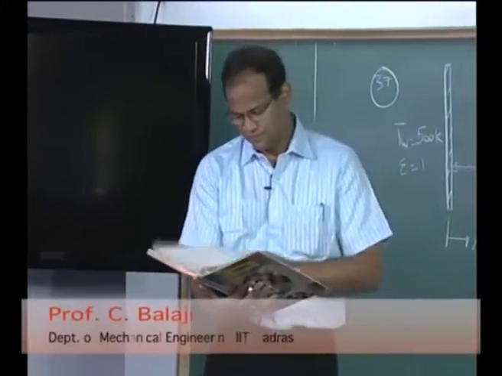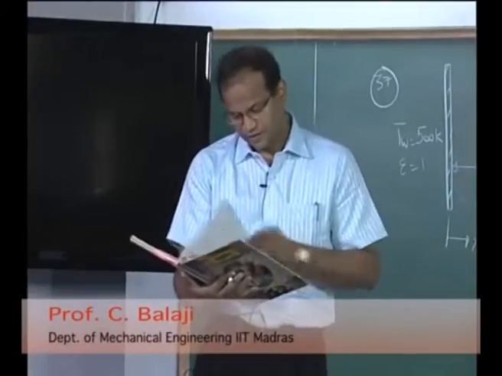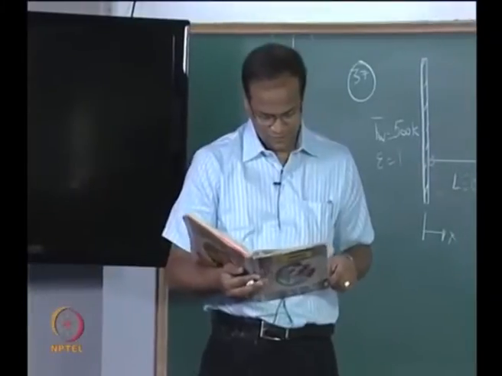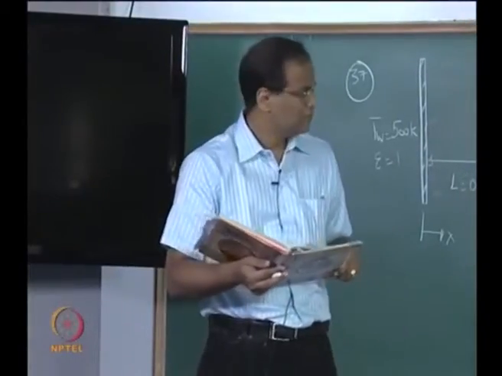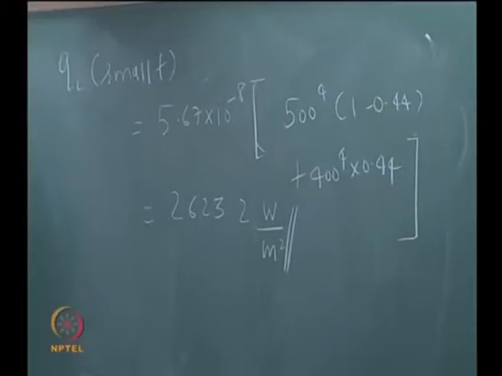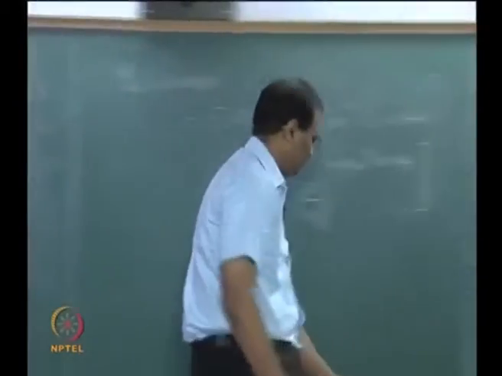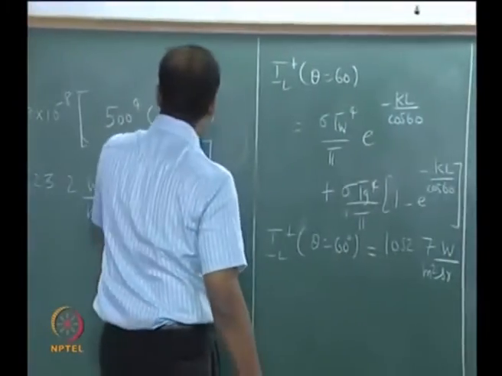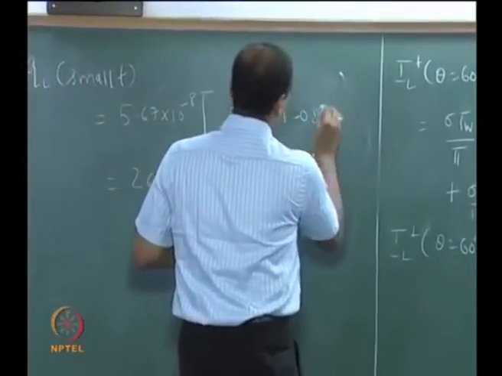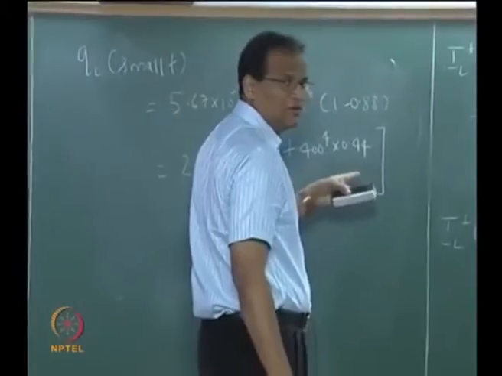What is the final solution? Sigma Tg to the power of 4, 0.88.